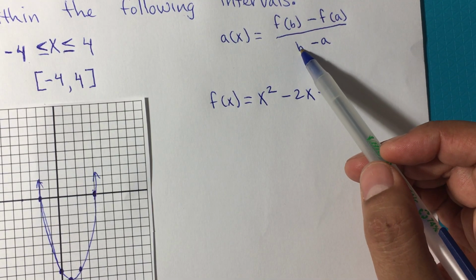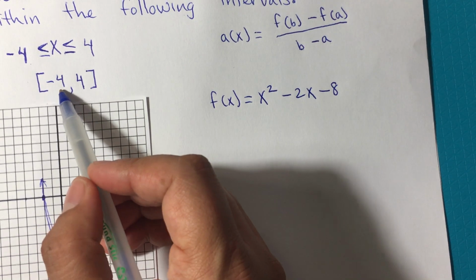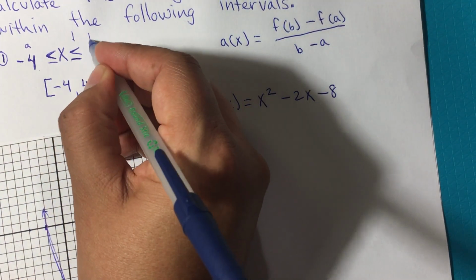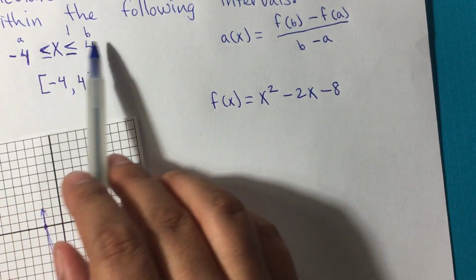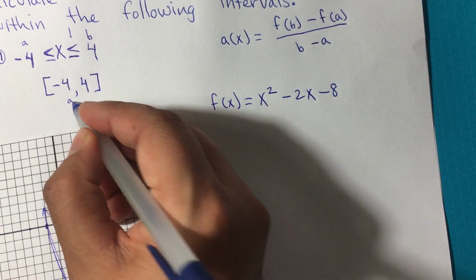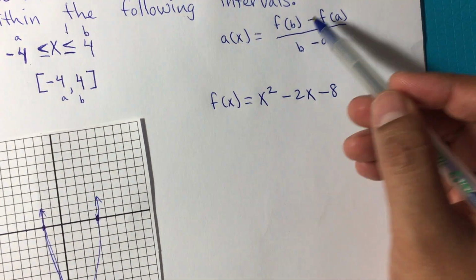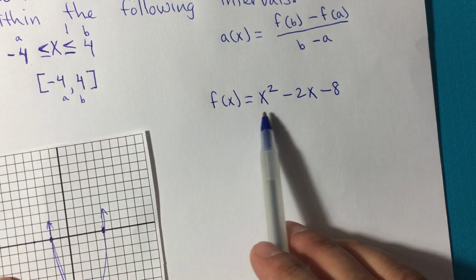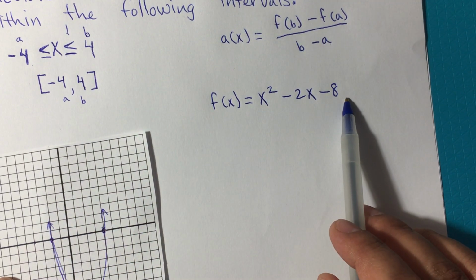When we're talking about b and a, this is going to be a, and this is going to be b. Or if this type of notation, then this is a and this is b. And so what we're going to do is substitute this value into our function.